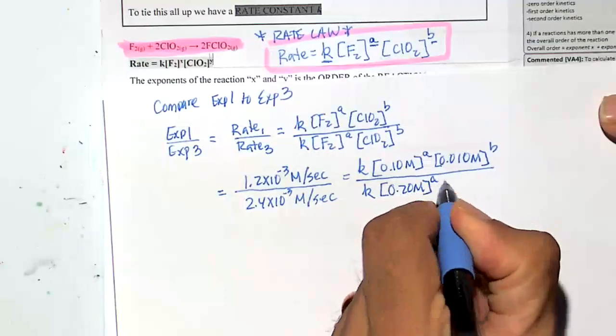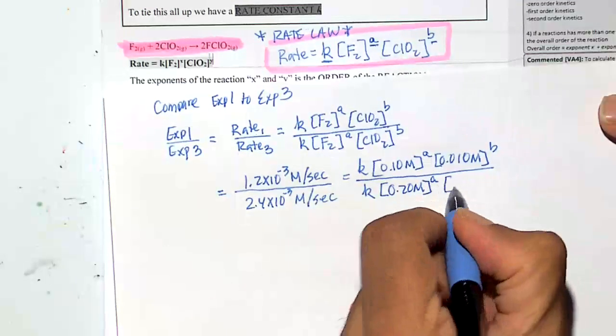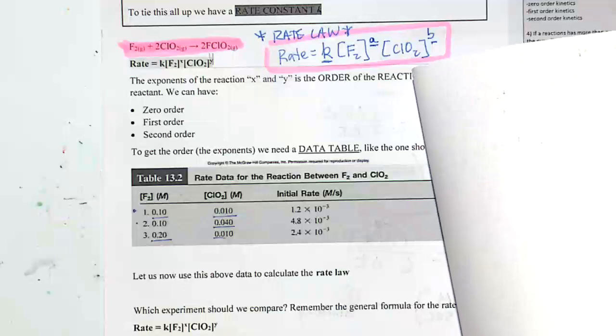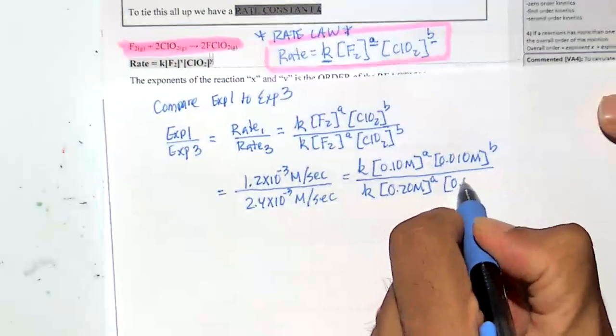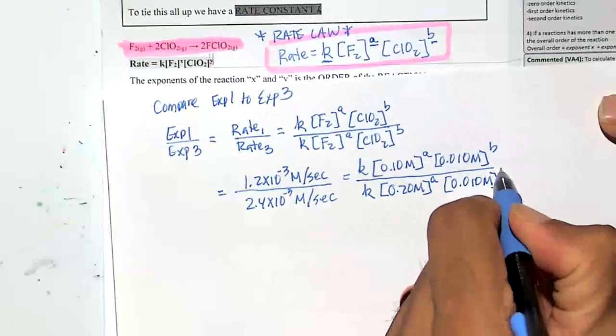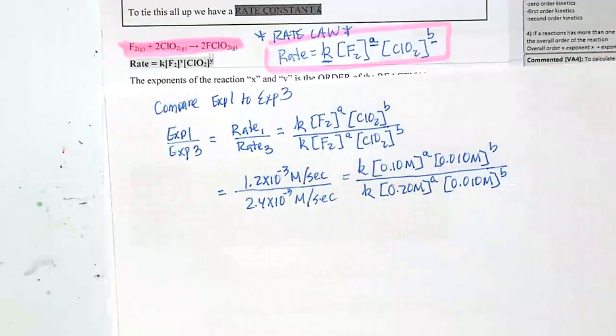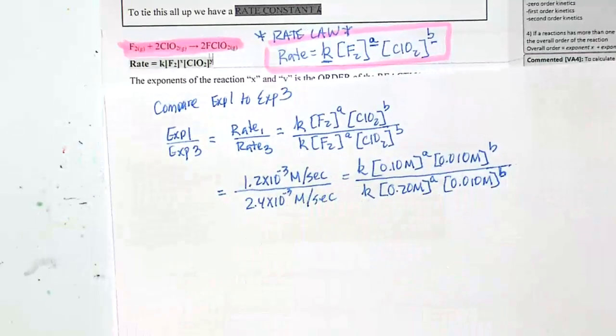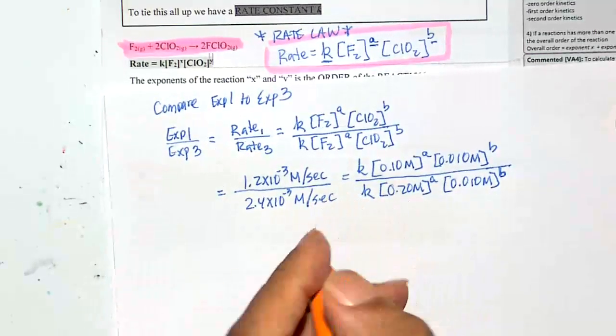Raised to the power of A, its order of decay for F2. And what is ClO2 for experiment 3? 0.010, right? Raised to the power of B, its order of decay.